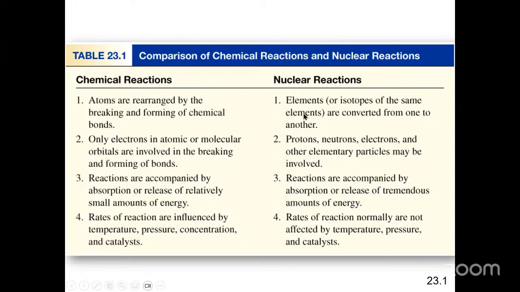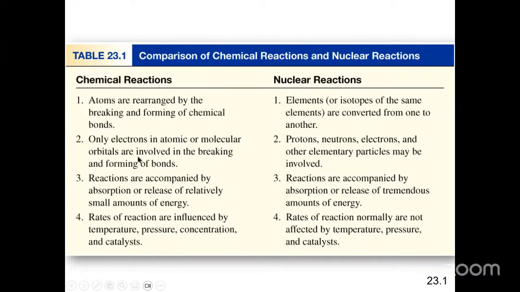In the case of nuclear reactions, what actually happens in most cases are elements being converted from one to another. Or if there's no change in the element itself, there will be a change to an isotope of that element, right? So that's one important difference between nuclear reactions and chemical reactions.